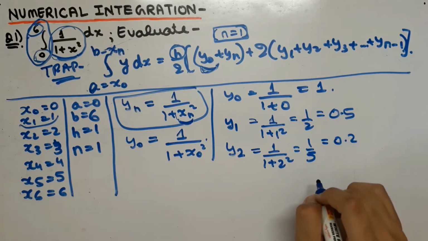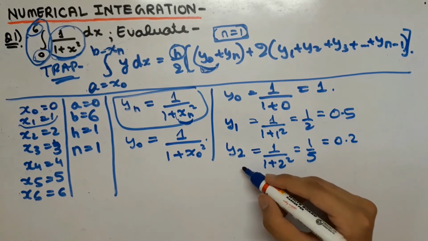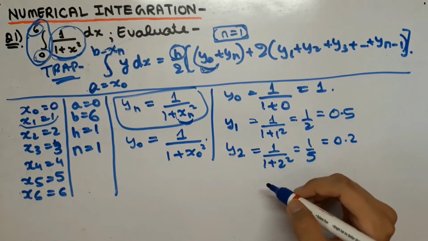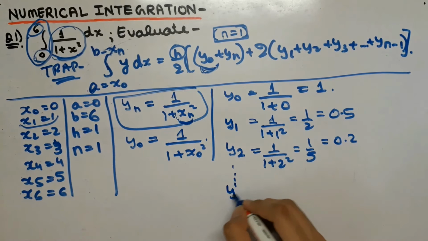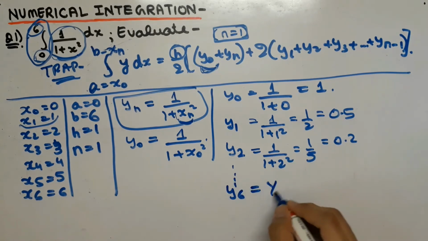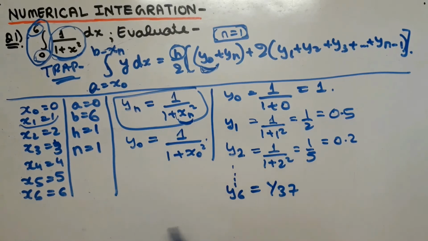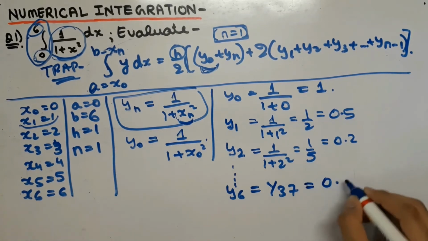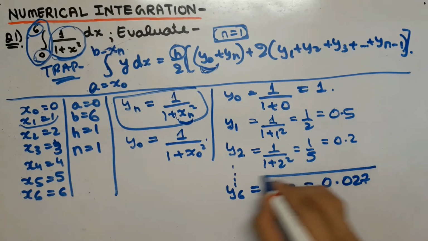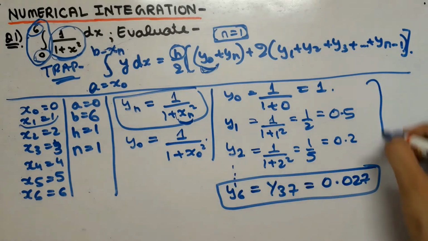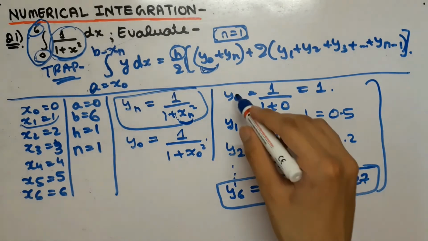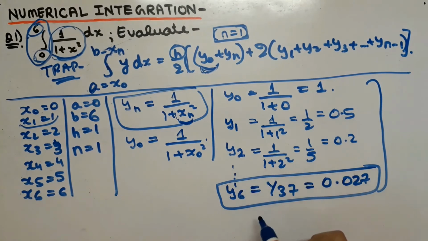Now similarly we are going to put the values of n as 3, 4, 5, 6. For y6, we will get 1 by 37 by putting the value of x6 in this equation, which will come out to be 0.027. Now guys, similarly we will have to find the values of y3, y4 and y5.